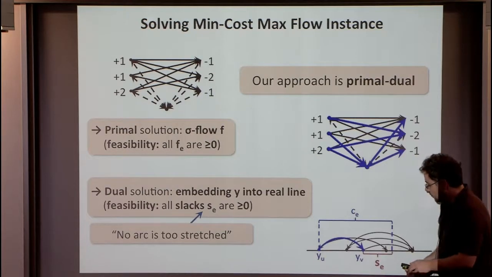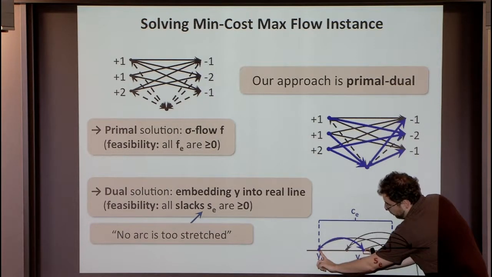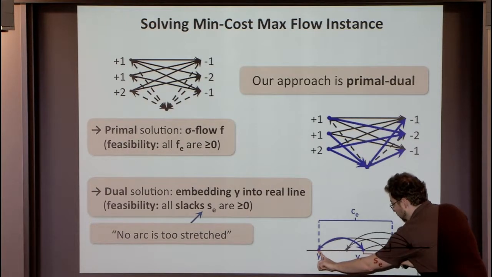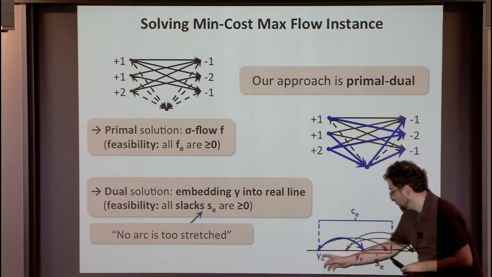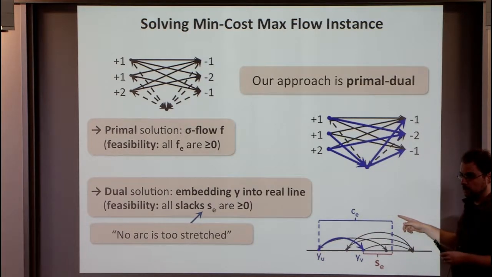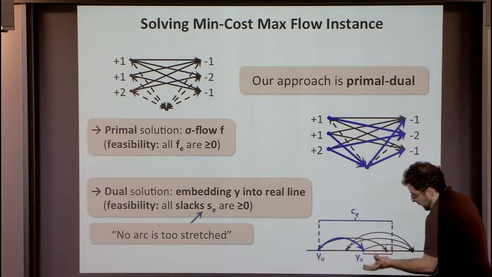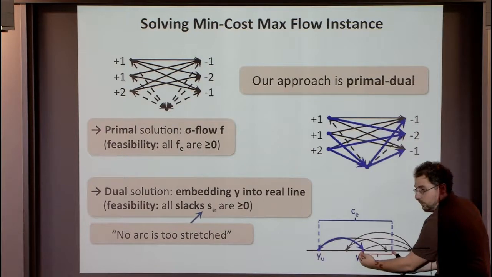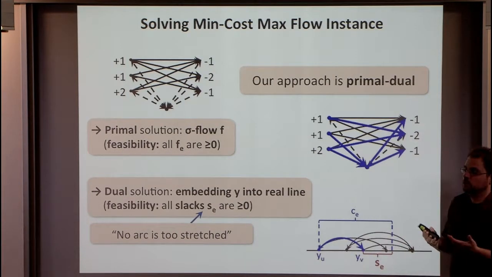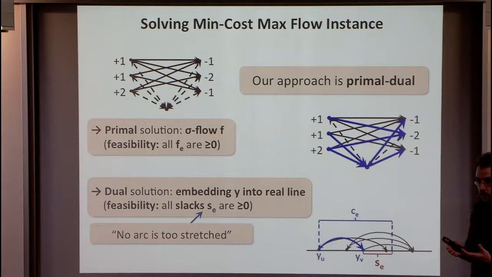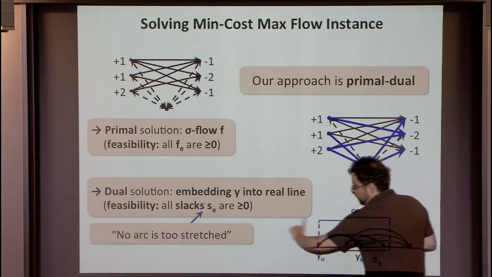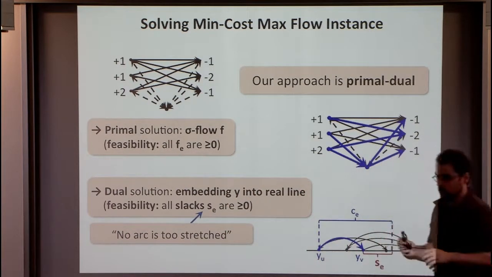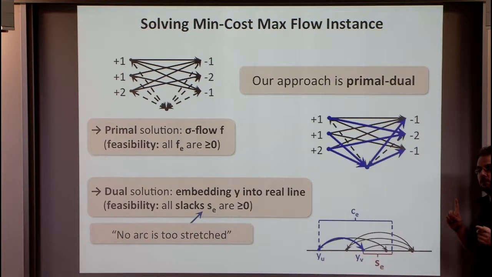What we want is that the embedding of the head should not be farther to the right of the embedding of the tail than the cost of the arc. So I can look at the slack as the difference between how far it can go to the right and how far it is to the right, and I just have to enforce that the slack is always non-negative. By the way, going to the left, the head can go as far as you want. It's all about going to the right. You cannot stretch to the right too much.